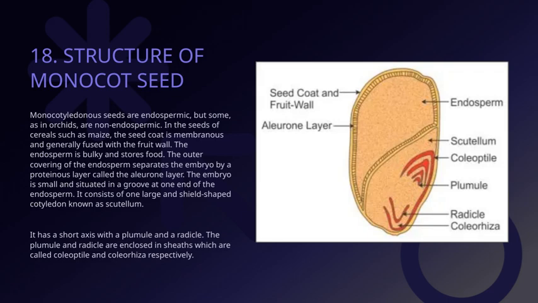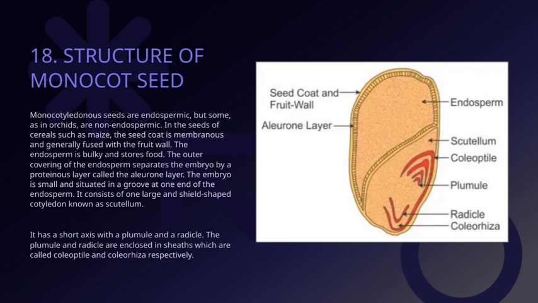Most monocot seeds, like those of cereals such as maize, are endospermic, meaning they have a significant amount of stored food inside the seed to support early growth. However, there are exceptions like orchids, which are non-endospermic, so they lack that stored food reserve. In cereal seeds, you'll notice that the seed coat is usually membranous and often fused with the fruit wall, making it quite integrated with the surrounding structure.